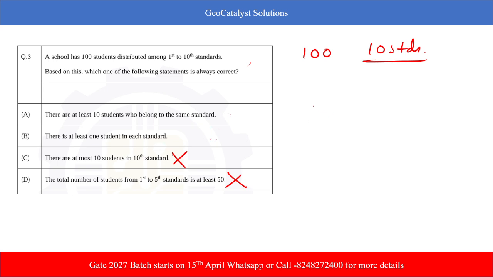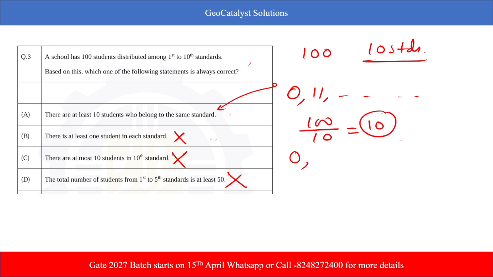Suppose nowhere is it told that there should be at least one student. So in one class it can be 0 and in another it can be 11. So this statement is also false actually, and you can derive the correct statement directly. Suppose nothing is given and any class can have 0 students. If it is distributed equally, then it will have 10 students in each class.